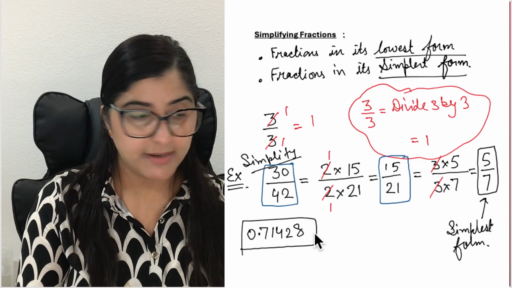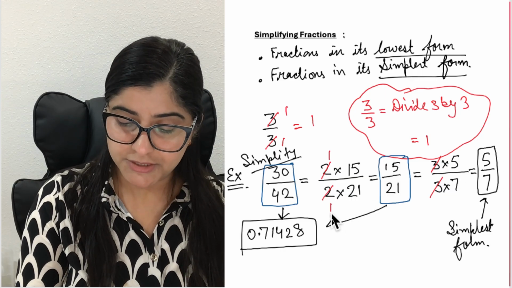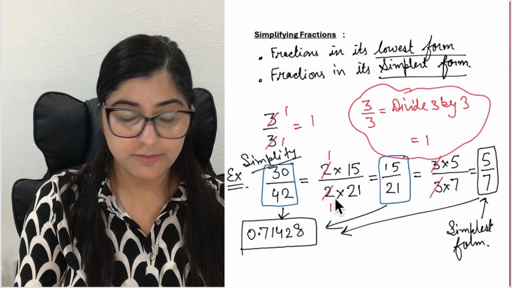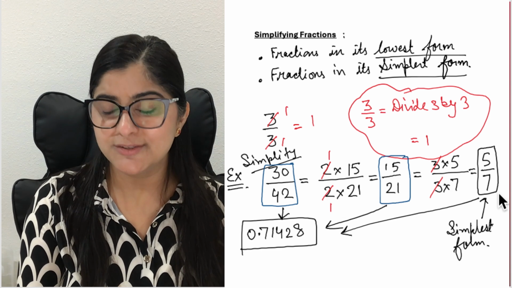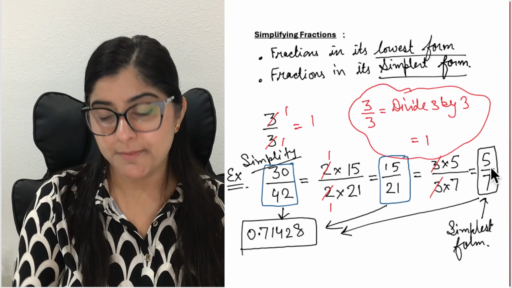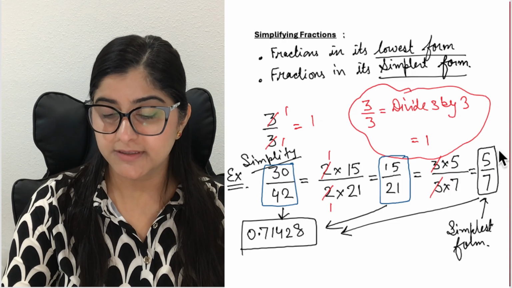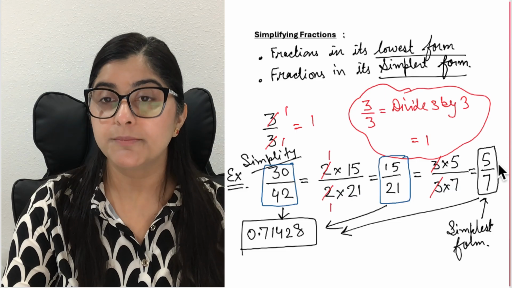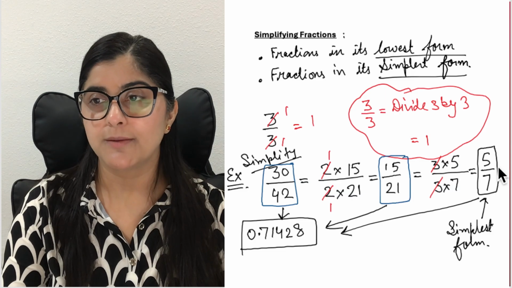And 5 divided by 7 also has the same value. So all these three fractions have the same decimal value, but the fractional representation is different. Clear? That's why all three fractions are the same, and the fraction with the smallest numbers, that cannot be simplified further, is called the simplest form of the fraction.